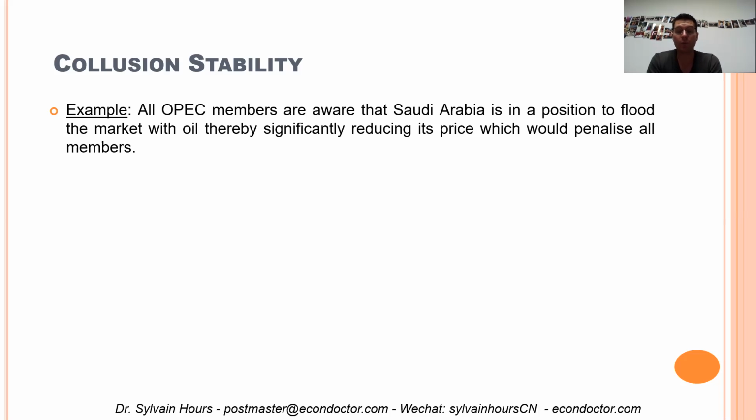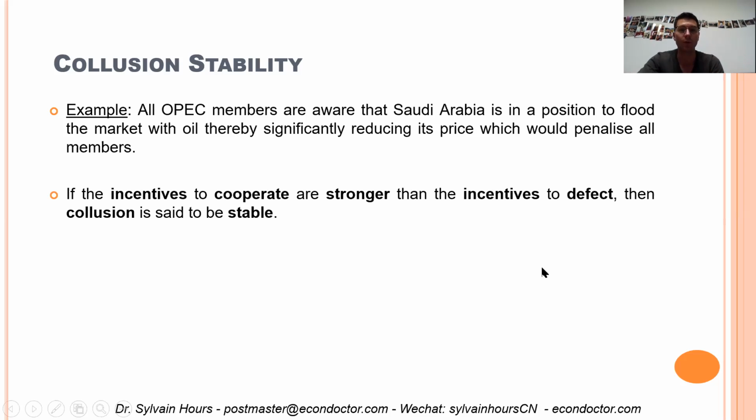The consequence would be a complete collapse of the price of oil, and Venezuela, as well as all OPEC countries, would be severely hurt or damaged by such a strategy. So that's the idea of a retaliation if you have one member that does not stick to the collusive agreement.